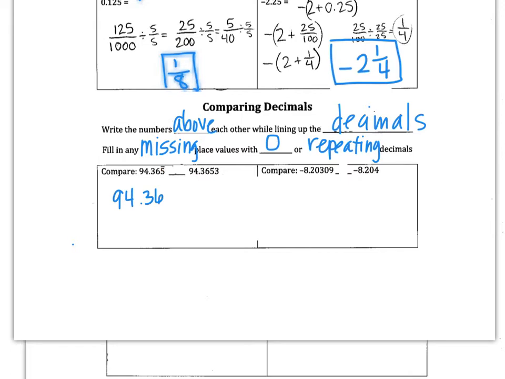We're going to put them in the same place value. 94.365. So far they're the same. This one right here has the repeating bar on it, so it's going to add another 5. That one was a 3. So this number right here is bigger because they were all the same through here. These are the same. And right here, this one is bigger than this one. So it's going to make that whole number bigger.